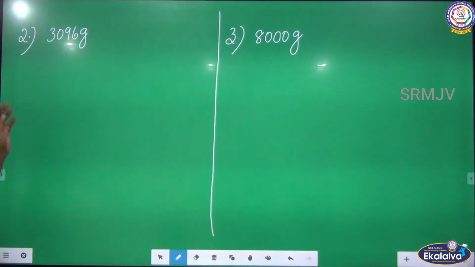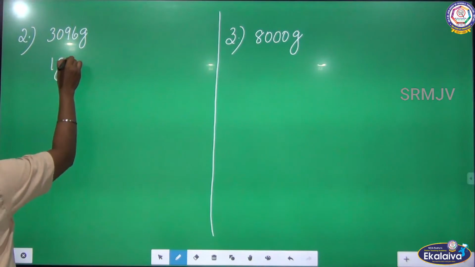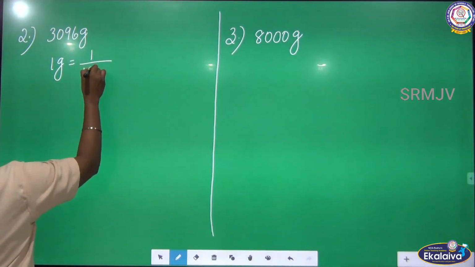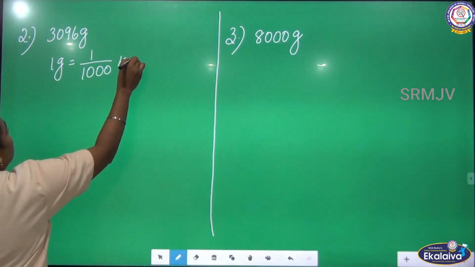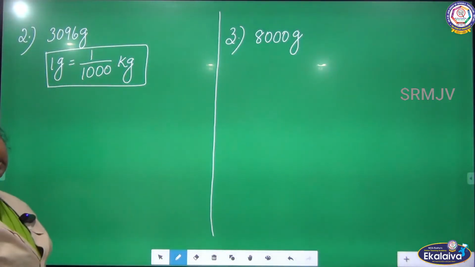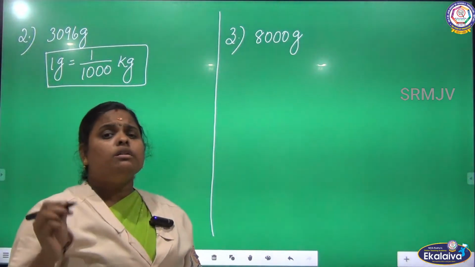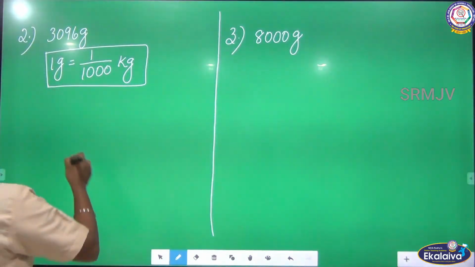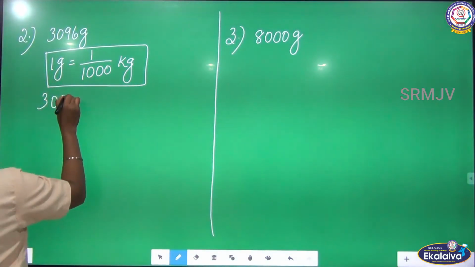Next one, 3096 gram. So same, 1 gram equal to how many kilograms? 1 by 1000 kilogram. So 3096 gram equal to 3096 by 1000 kilogram.